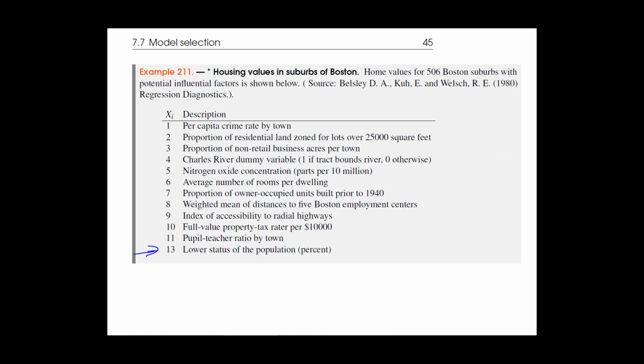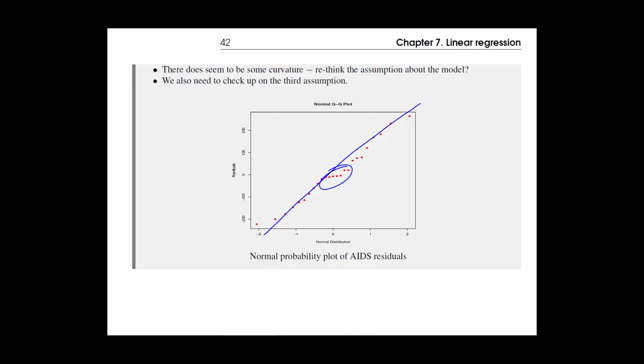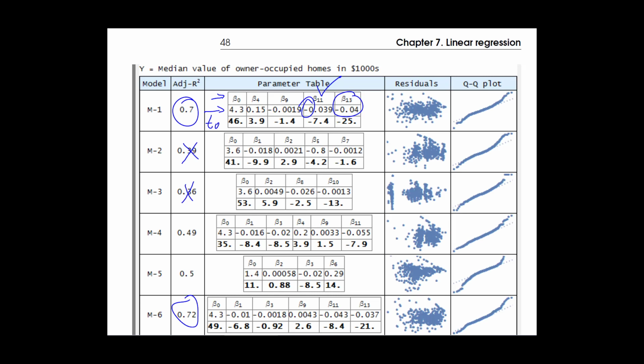Let me do another one. Beta 9, index of accessibility to radial highways. Accessibility, so the more accessible, the better. You're more connected, so it should be positive, because more accessibility should give you a higher price. But it's negative, so that's problematic.